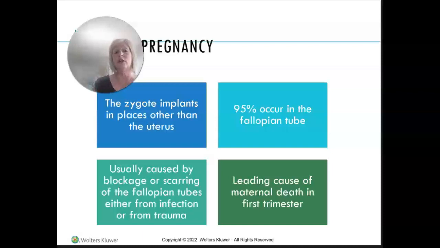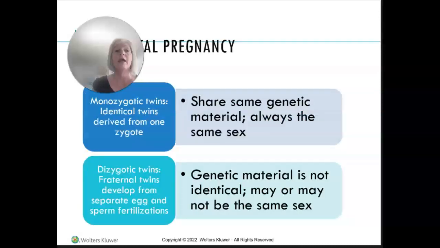So most of these are going to be in the fallopian tubes. Moms are usually going to present with severe lower right or left quadrant pain, and that's how they're going to present to the emergency room or to their doctor. It is the leading cause of death in that first trimester in most of our moms. So it is something that we have to be aware of and be thinking about pretty quickly.